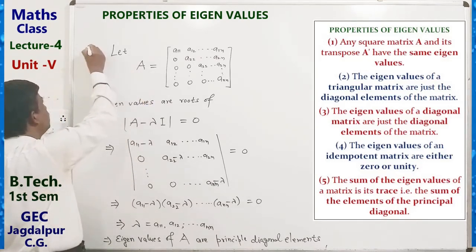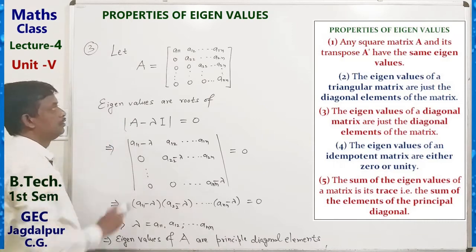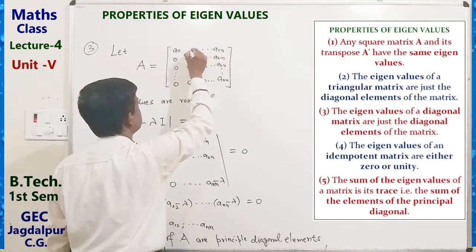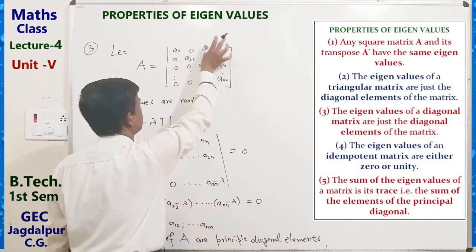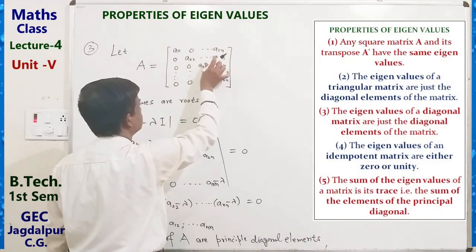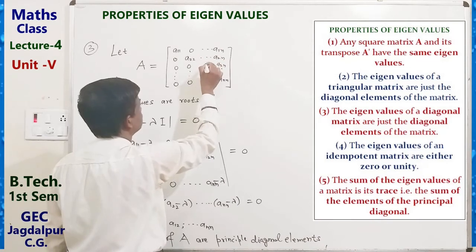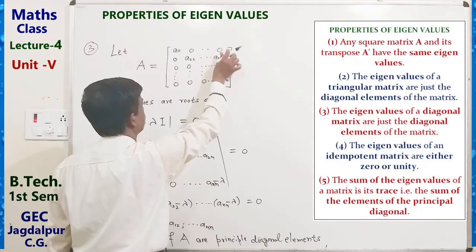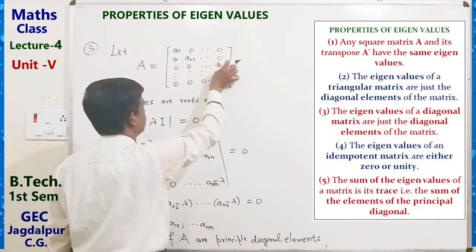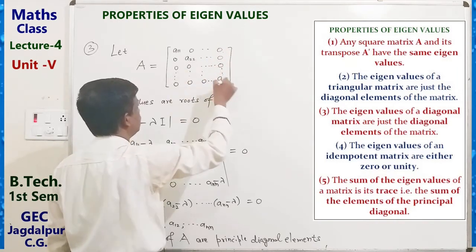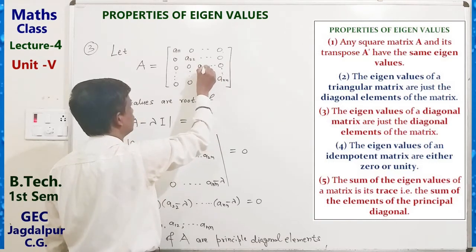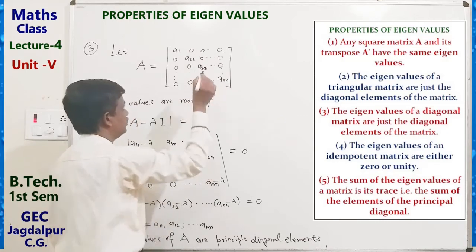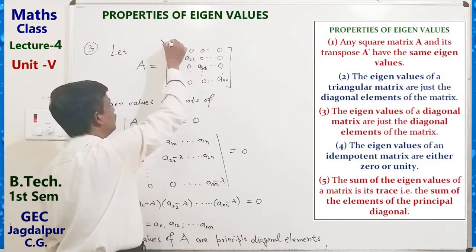A diagonal matrix can be taken like this. They are all 0, only diagonal elements are there, and so on. This is diagonal.